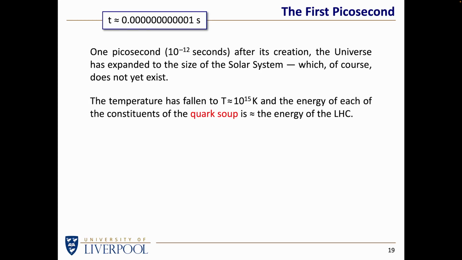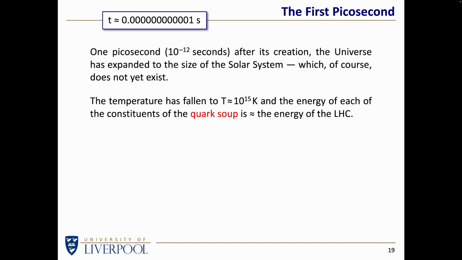At this point, 1 picosecond after the Big Bang, the temperature has fallen to about 10 to the 15 Kelvin, and the energy of each of the particles that could be created. If you borrow some energy, you can make matter. We'll come to that in just a second. But if you think of all of the particles that can be created with the energy that you've borrowed, these are electrons and quarks.